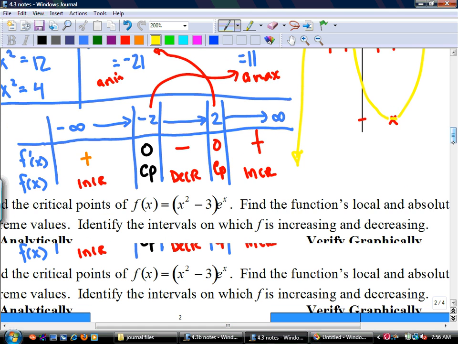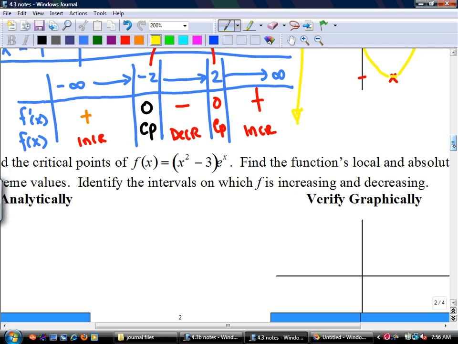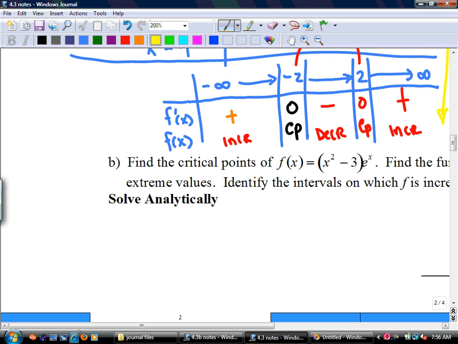Yay. Okay. (x squared minus 3) times e to the x. What's the domain? All real numbers. Take the derivative.